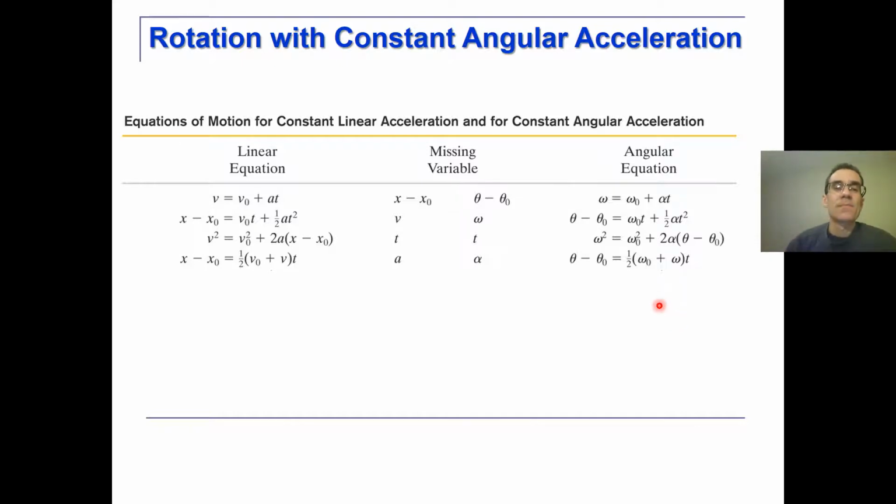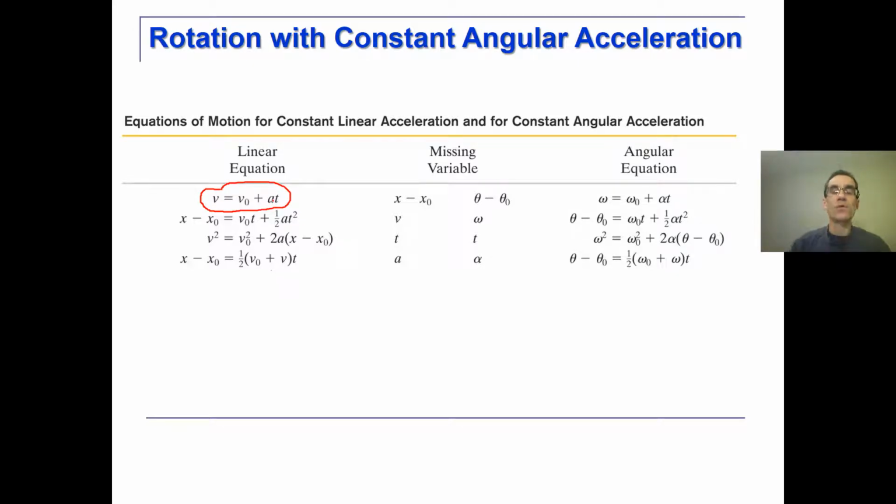Okay. Now, this slide is going to try to compare for you things that we learned in linear translational motion with things that we're going to introduce now in angular motion. Look, we studied this equation. You're going to recognize it, right? This equation is the equation for velocity in a motion with constant acceleration.